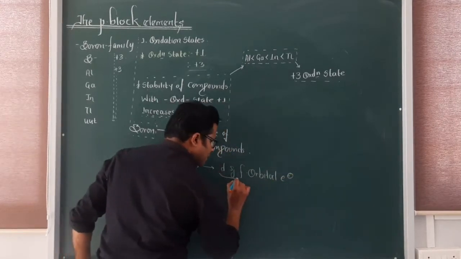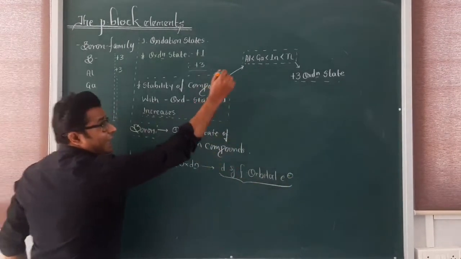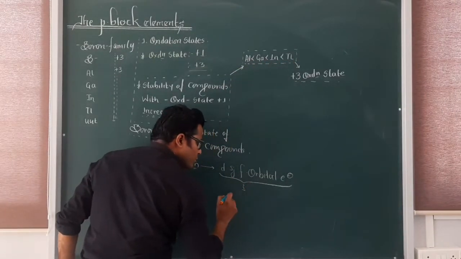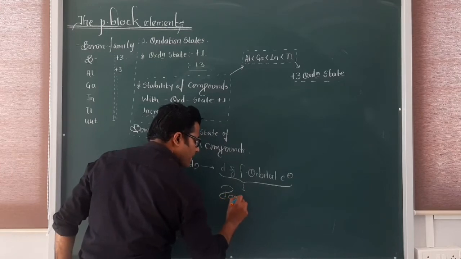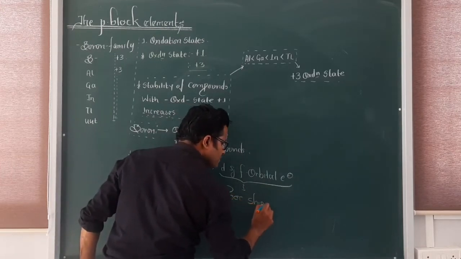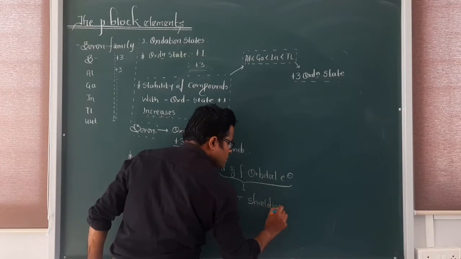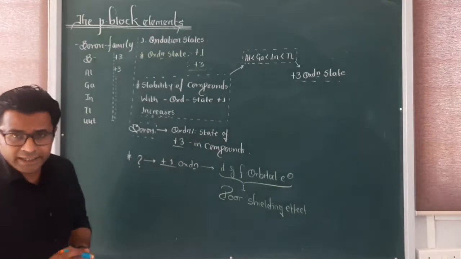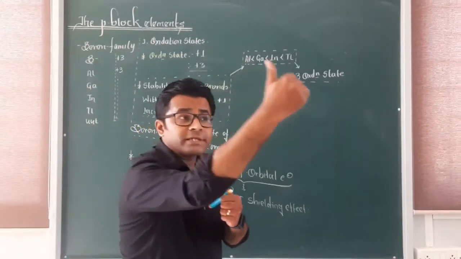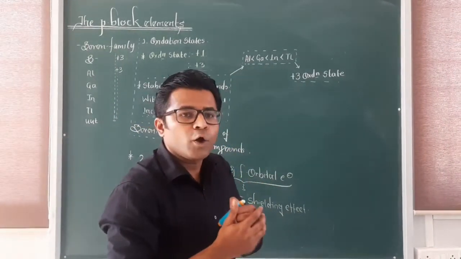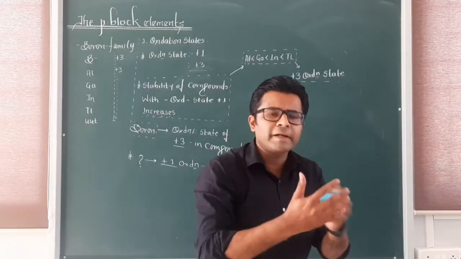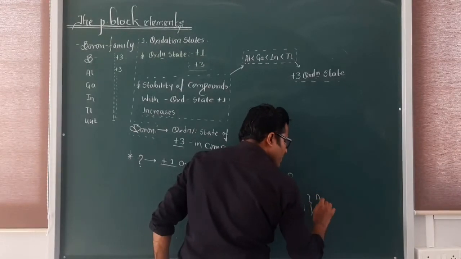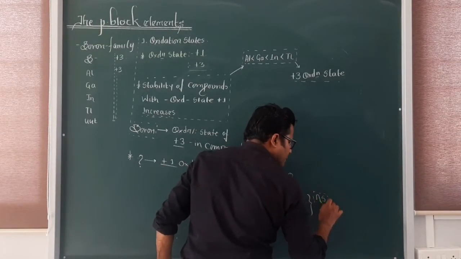These electrons, which the heavier elements have, give rise to a poor shielding effect. Due to the poor shielding effect, the electrons present in the outermost orbit are not participating in reactions, especially the electrons of the ns orbital.